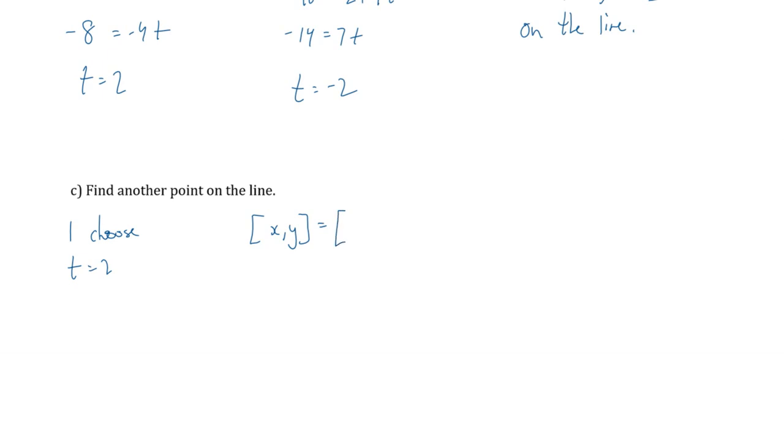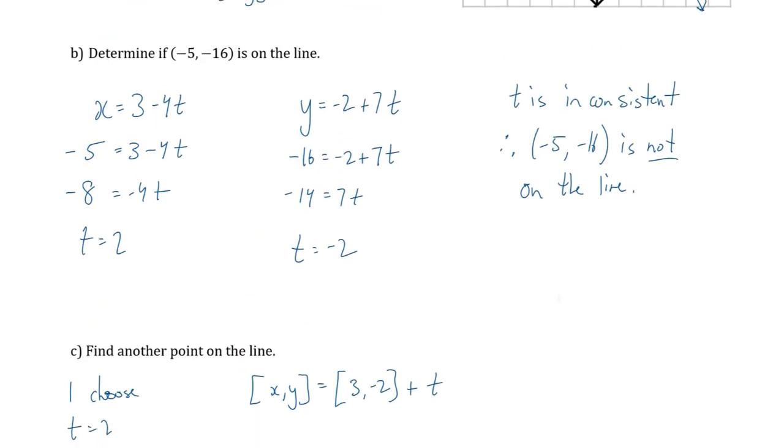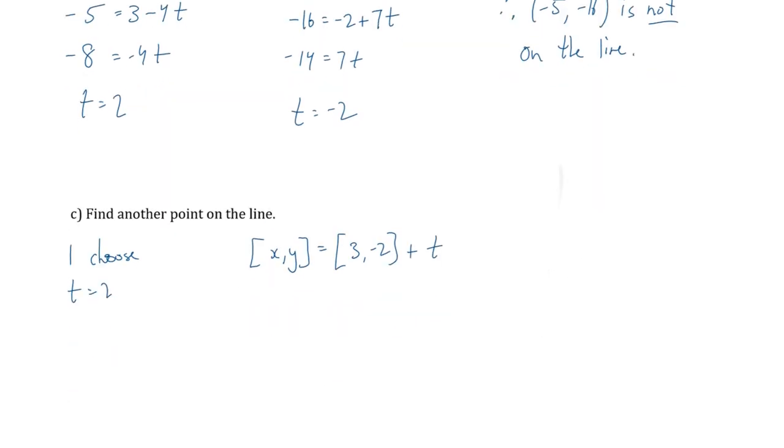So this is (3, -2) plus t, which is going to be 2. Let me just make sure I'm getting this right. Yep, (-4, 7).